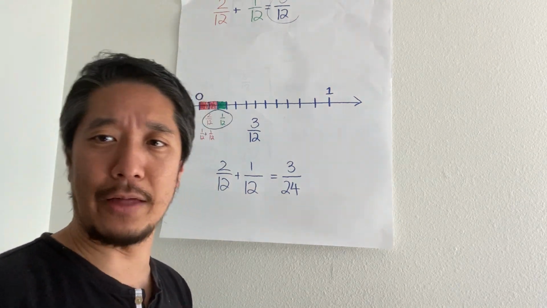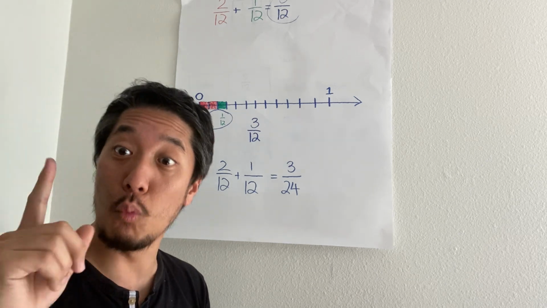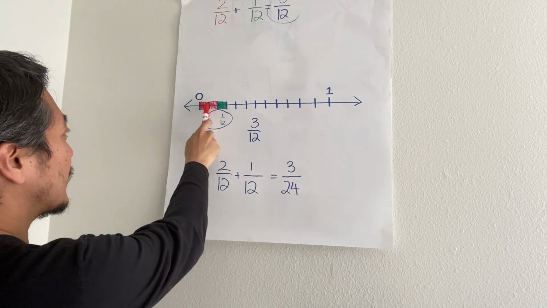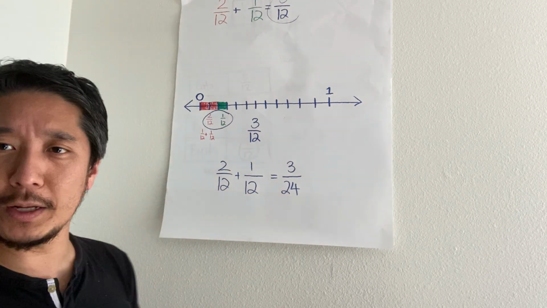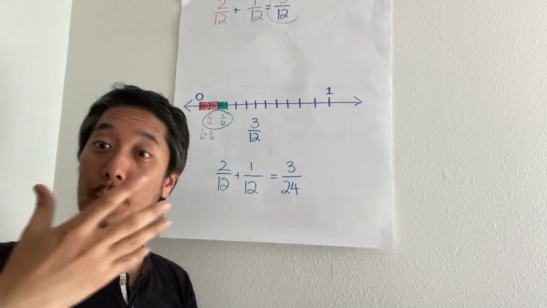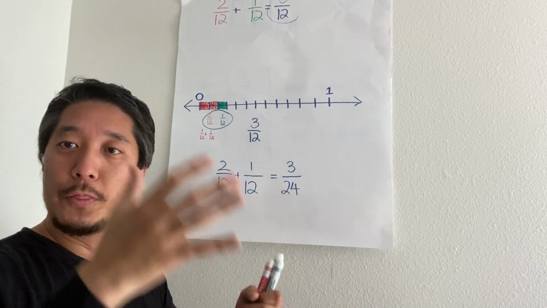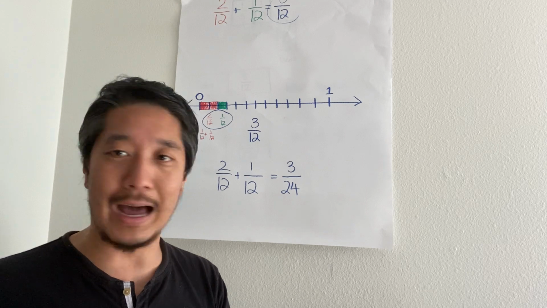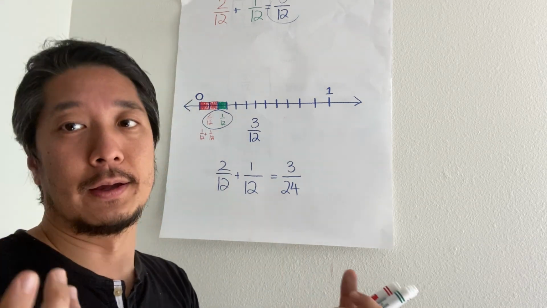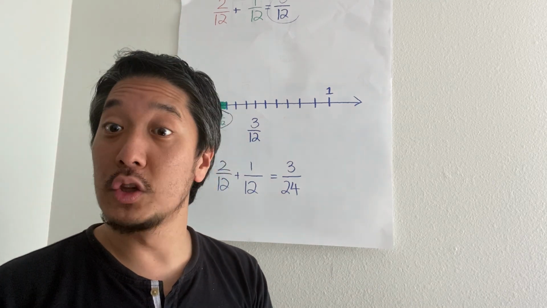Now here's a question. Why did I not add the denominators? Now, that's a tough question. Why do we not add the denominators? Well, when we're counting these pieces, are we counting the denominators or are we counting the numerators? We're counting the total number of pieces. The way those are divided has not changed. So think of it when you're buying a dozen eggs.